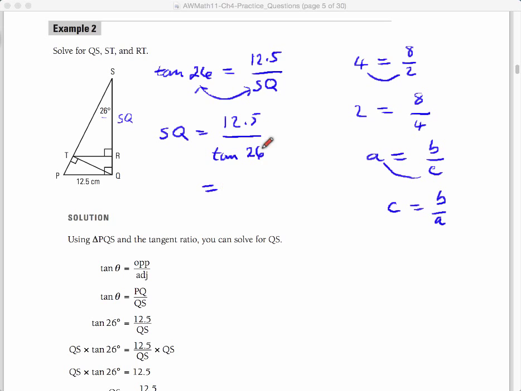Now we just plug this into our calculator. When you're dividing, it's always good to put the denominator in brackets, especially if there's more than one thing. They've done that right here, showing you a slightly different way from what I've shown.